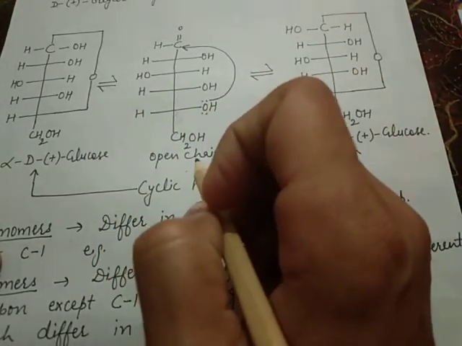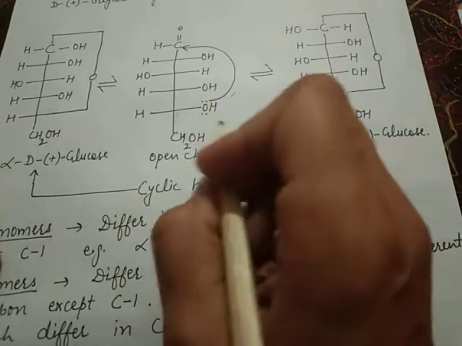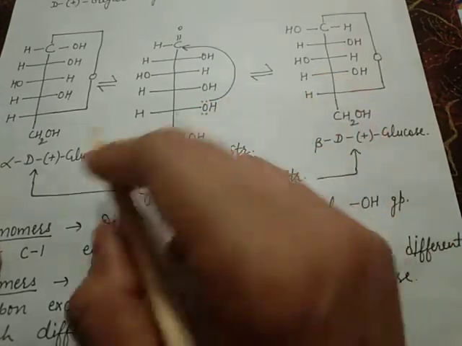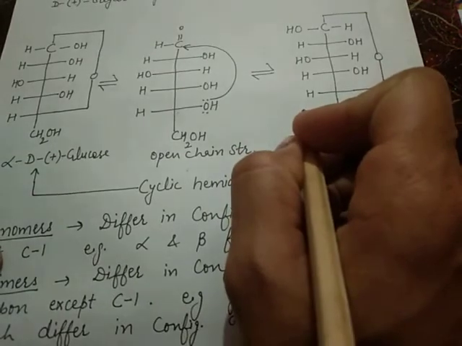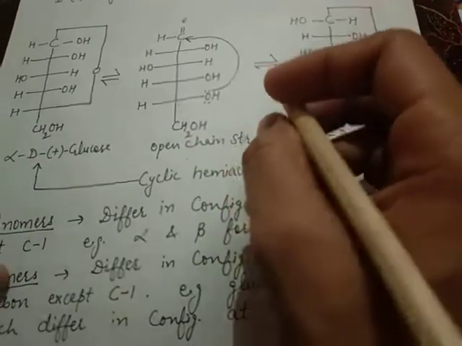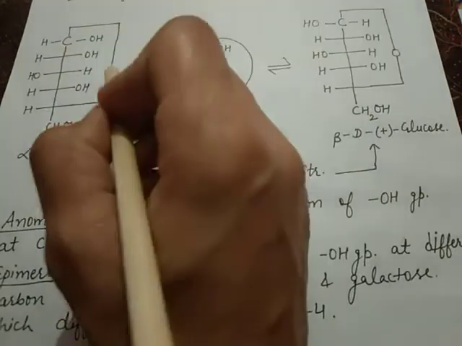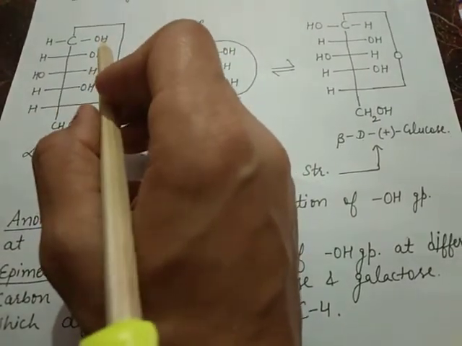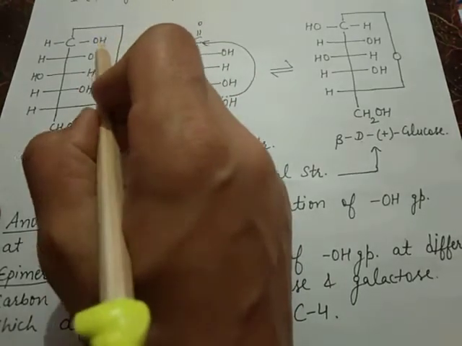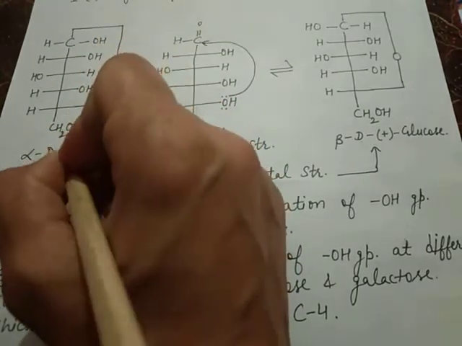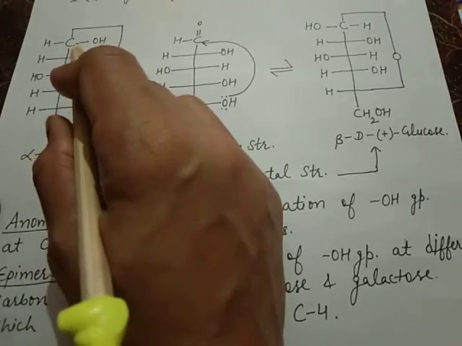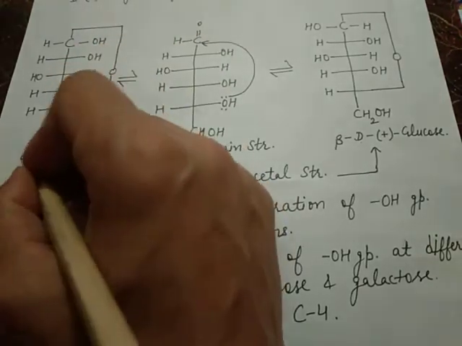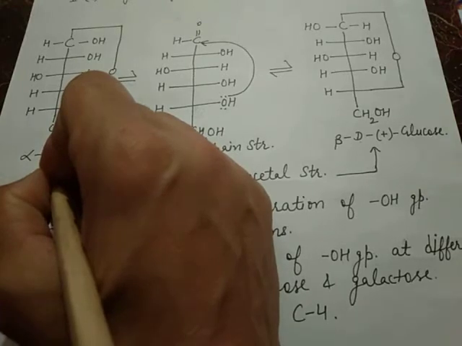In this structure, there are two types of stereoisomers, alpha and beta: alpha D glucose and beta D glucose. This is the hemiacetal form. If the OH group is present on the right hand side at the first carbon atom, then it will form alpha D glucose.